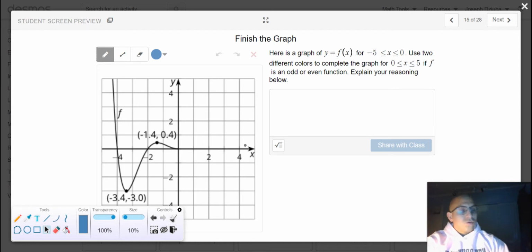If I wanted to draw in the color blue the graph from 0 to 5 for this function, if it were to be even, I would merely want to see, when does it cross? It crosses at 2. Oops, that's already a bad drawing. It's going to hit at negative 3.4. Come back through. Oh, dang.